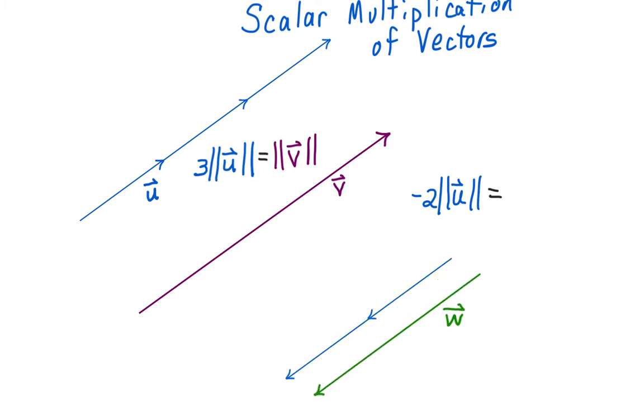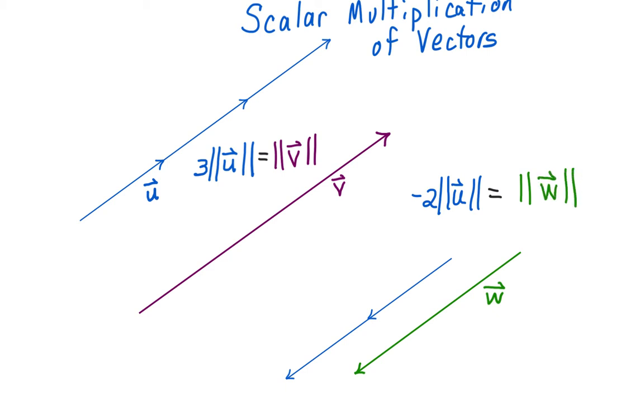We can call the new vector vector w, and its magnitude is equal to 2 times the magnitude of vector u, only it is in the opposite direction.